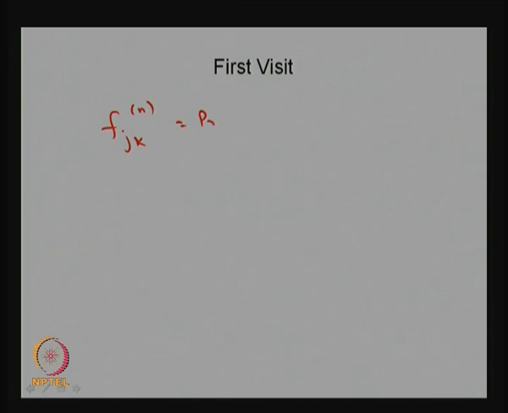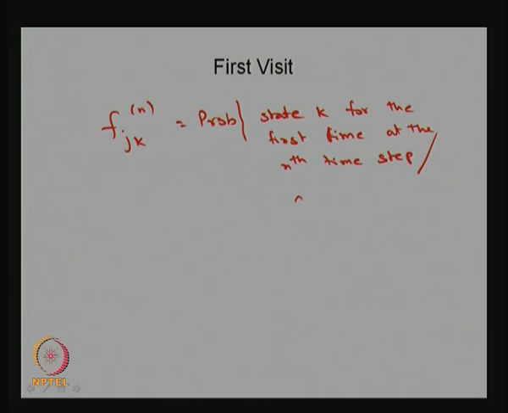That means, what is the probability that the system reaches the state k for the first time, that is important, for the first time at the nth time step, given that the system starts in the state j initially.